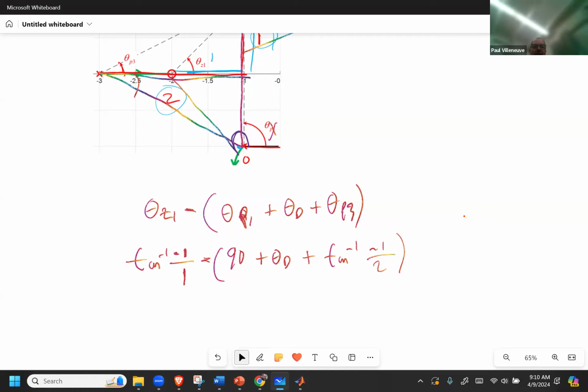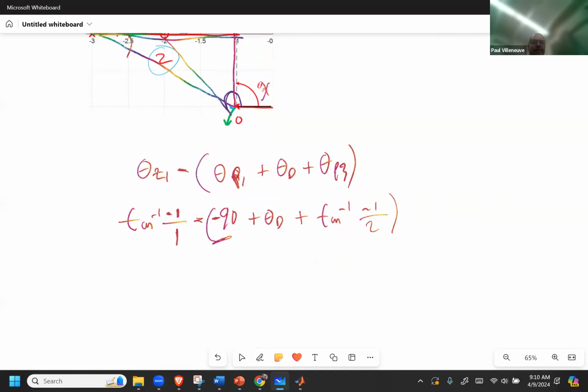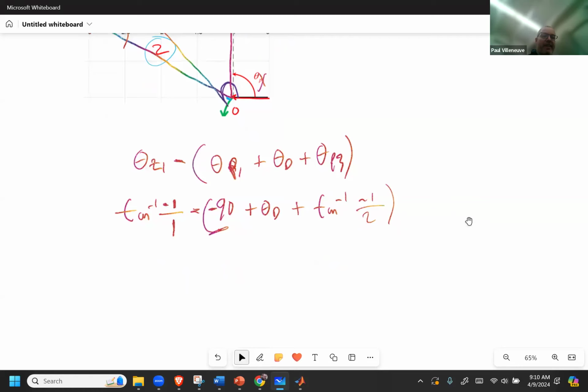Minus what? 90. Yeah, that's what I said, it's 90 right here. Oh, minus 90, yes, thank you. So we have minus 45 plus 90 minus theta d. And then what was the inverse tangent of 1/2?